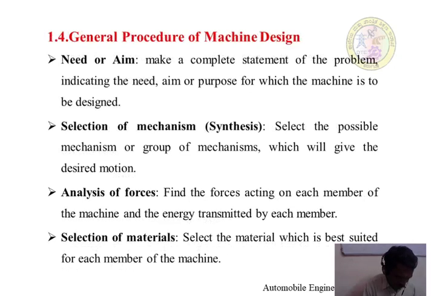What is the aim or need? To be a good engineer or a good designer, he should have good knowledge of all engineering subjects, like strength of materials, mathematics, applied mathematics, mechanics of machines, material science, the different properties of materials, theory of machines, that is TOM, and production technology.